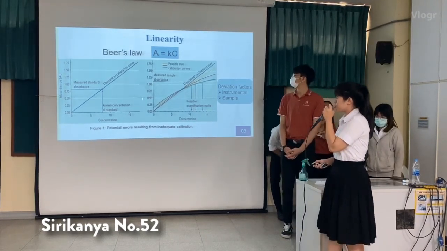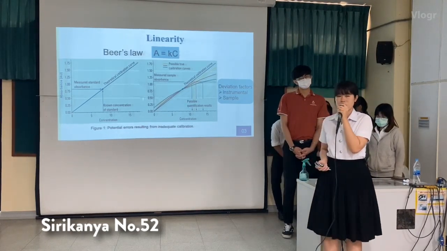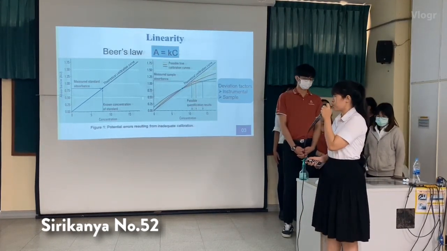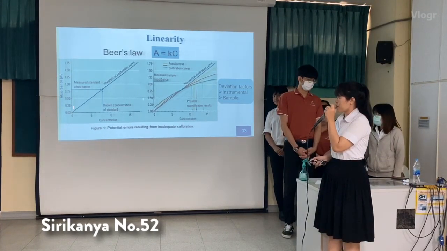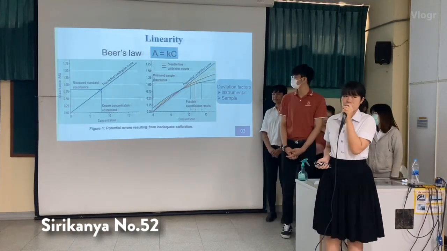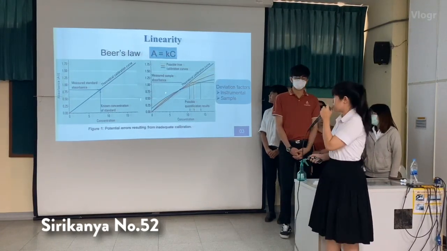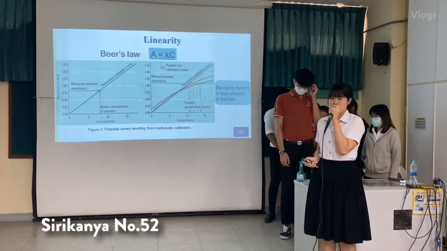Figure 1 shows the potential errors resulting from inadequate calibration, where the x-axis is concentration and the y-axis is absorbance. This graph shows the theoretical calibration curve, but this graph shows the errors that can occur in practice.